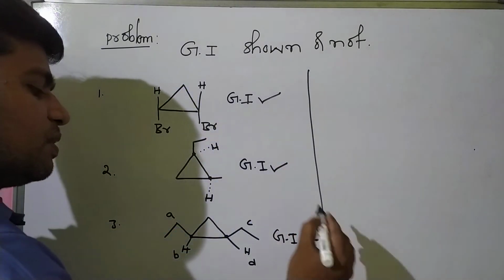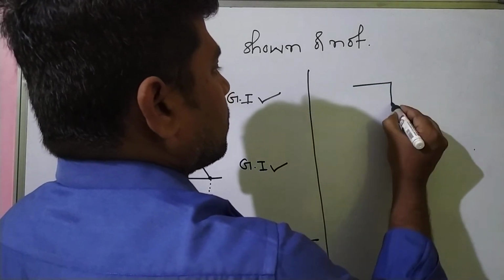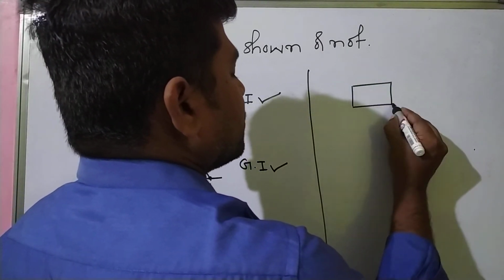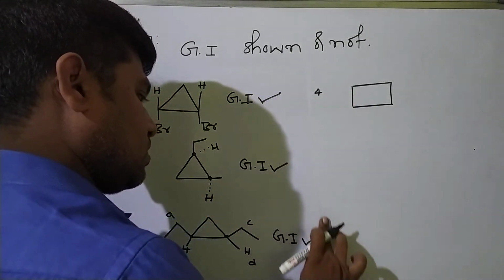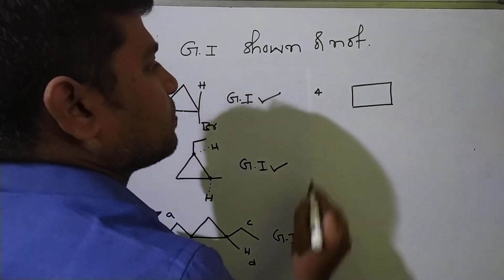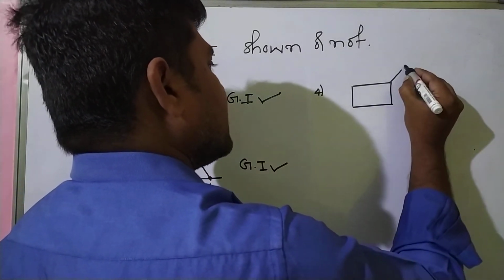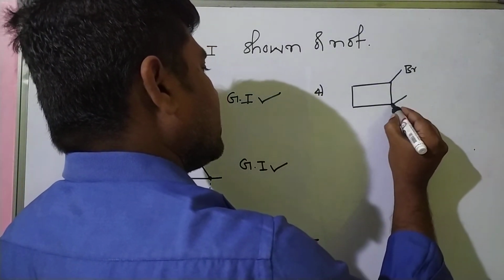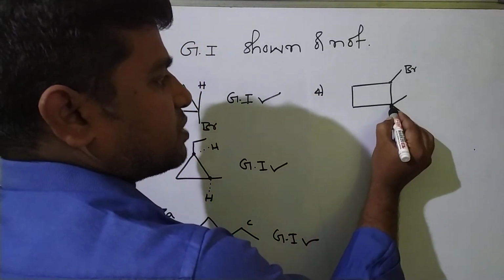And some more examples. So this is cyclobutane. So this is example 4. Here some bromine atom is there. Here two methyl groups are there. So this is sp3, this is sp3.